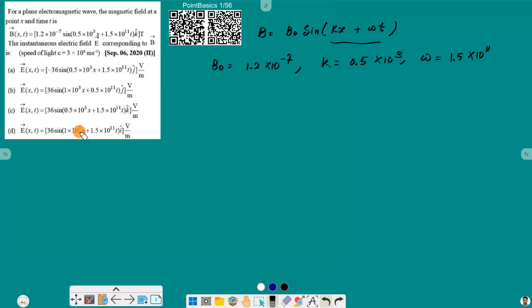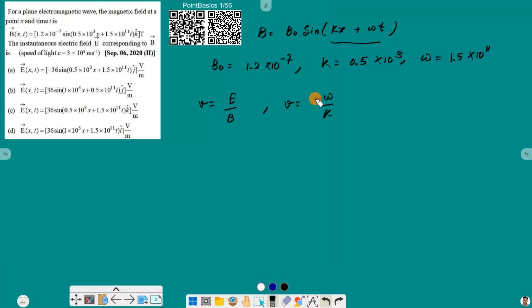Now for the magnetic field and electric field, the magnitudes will be related like this: the velocity of the wave is equal to the ratio of the electric field to the magnetic field, and that velocity of the wave is equal to minus omega by k. We cannot take it directly equal to 3 into 10 raised to power 8, because the wave can be in some medium.